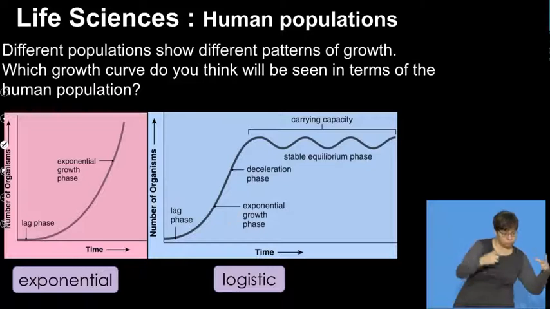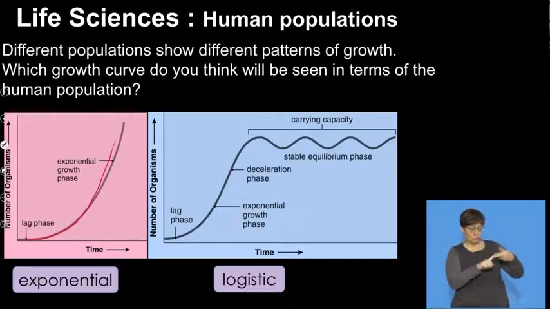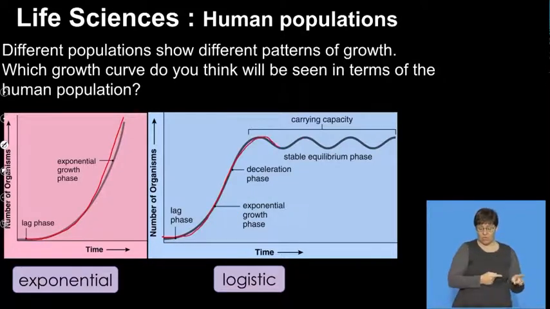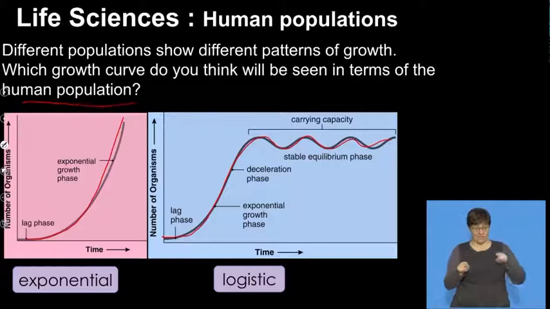So we've learned about two growth curves. This one, the exponential growth curve, and this one, the logistic growth curve. And I'm asking you, which do you think will apply in terms of the human population?